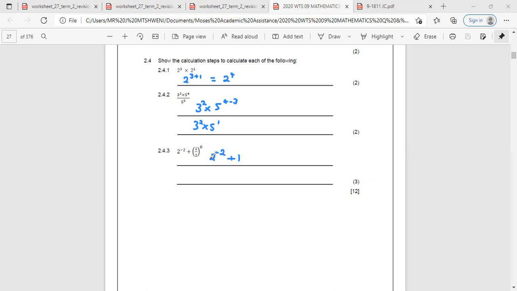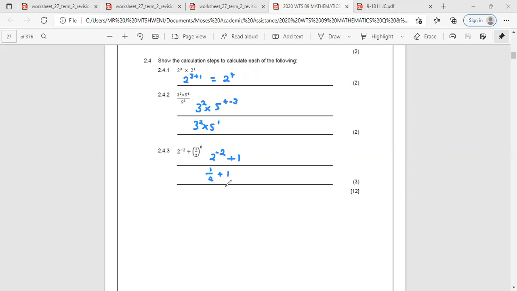So this one is 2 to the exponent negative 2 plus 1. What is 2 to exponent negative 2? It's 1 over 4 plus 1. Basically, that's what they mean.